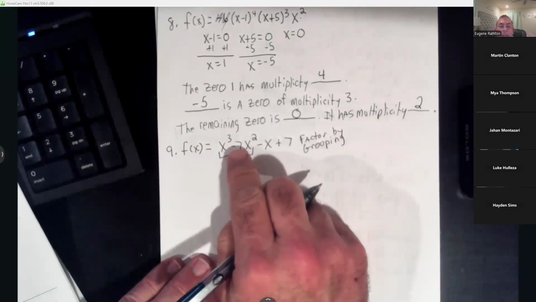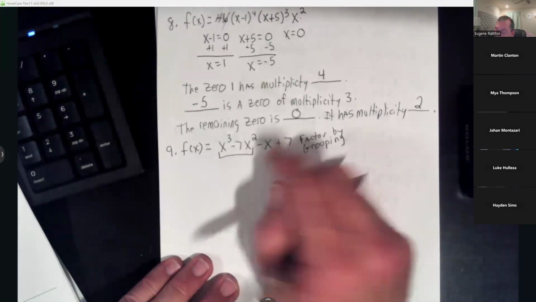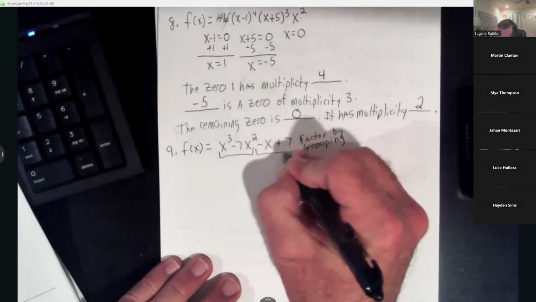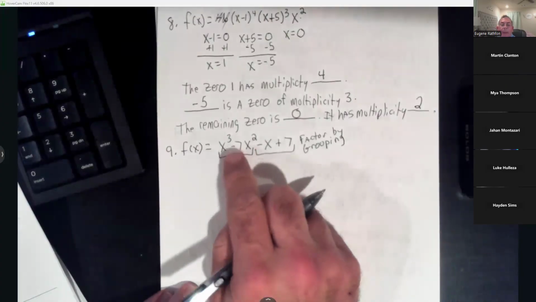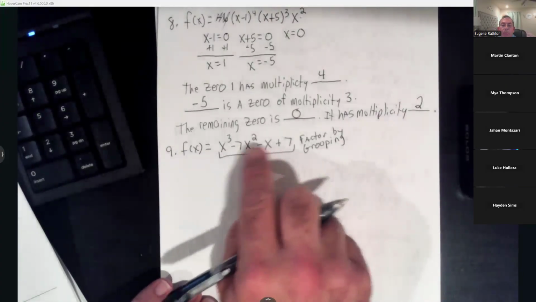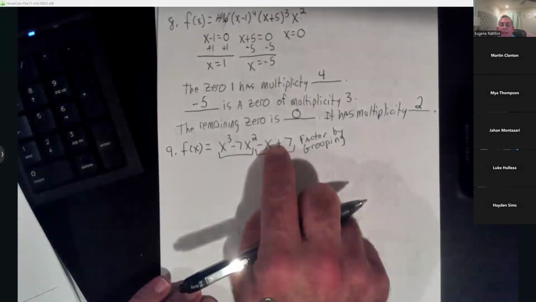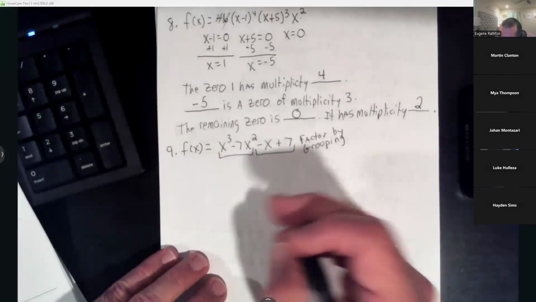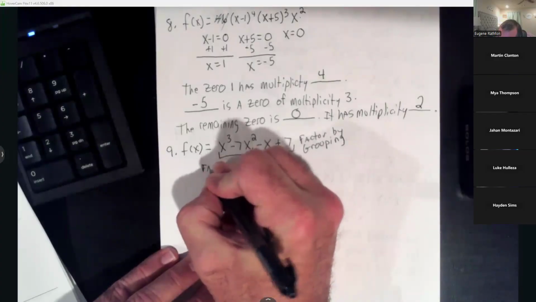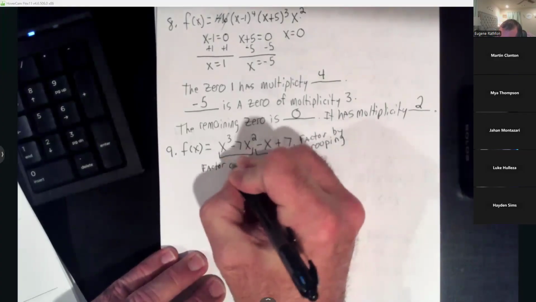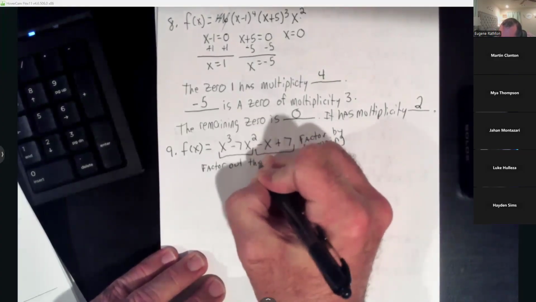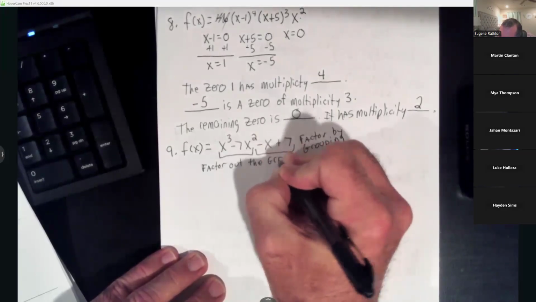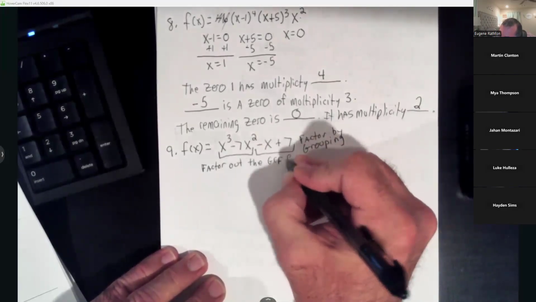So the x cubed minus 7x squared. And then I'll group the second 2 terms together. So I've got 2 groups now. The first 2 and the last 2. So from each of these groups, I'm going to factor out the greatest common factor from each group.